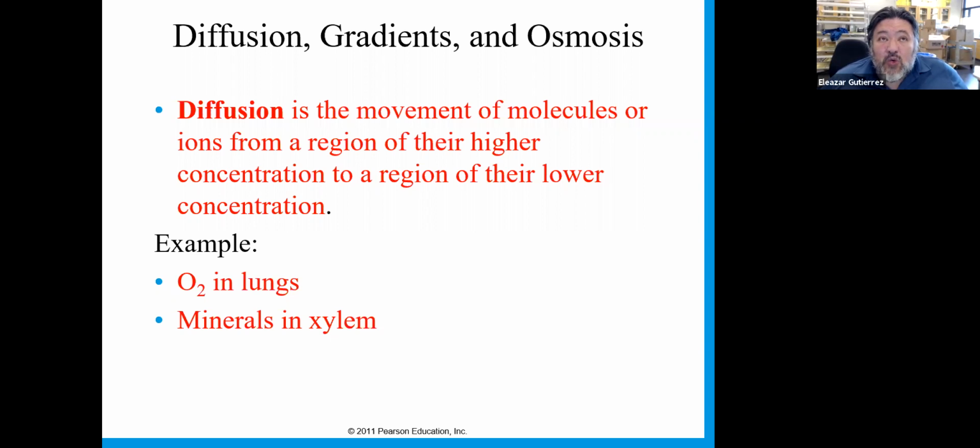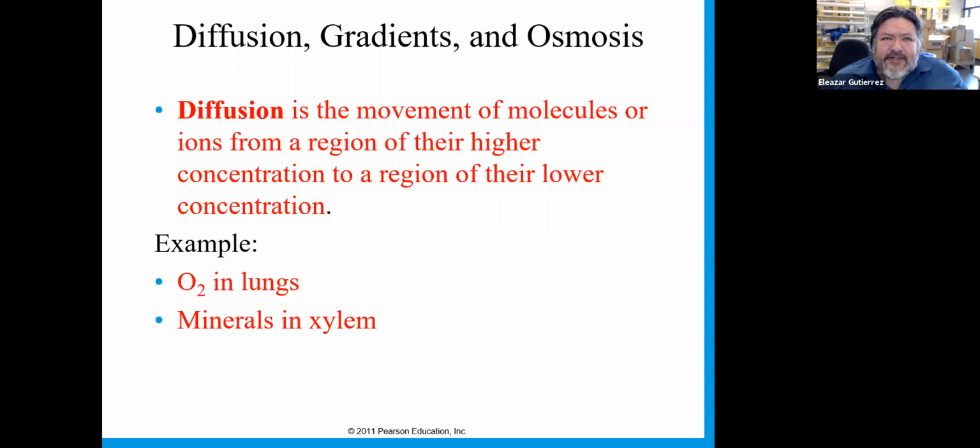Why do my capillaries receive oxygen from the arterioles? Answer, my arterioles have more oxygen in them than my capillaries. Why do my arterioles receive oxygen from my arteries? Because the arteries have more oxygen than the arterioles.